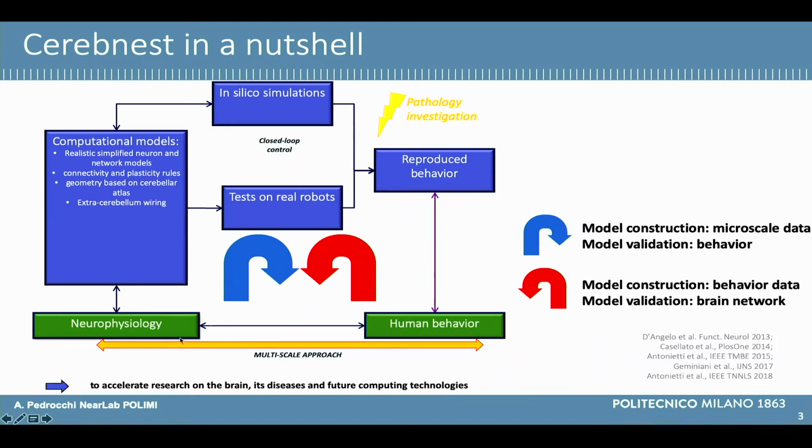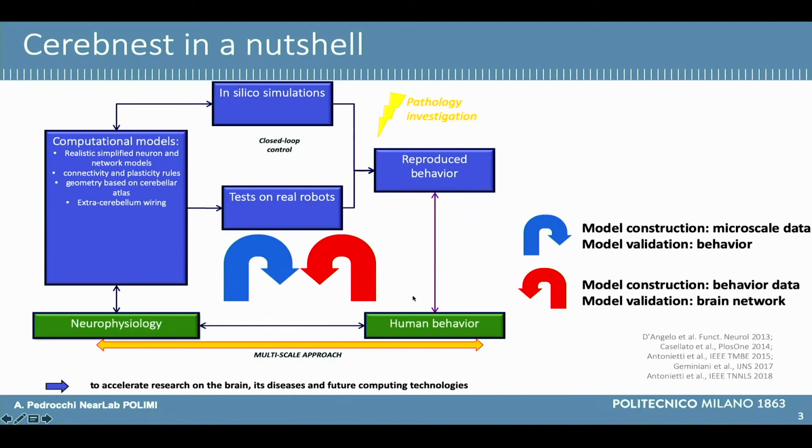The other way around, we can read these same blocks by starting from cell recording and microcircuits recording, building the model, embodying the model into simulations or robots, and then analyzing the behavior as an emerging property. And in this way, we close the loop again on data by ending with the behavior.